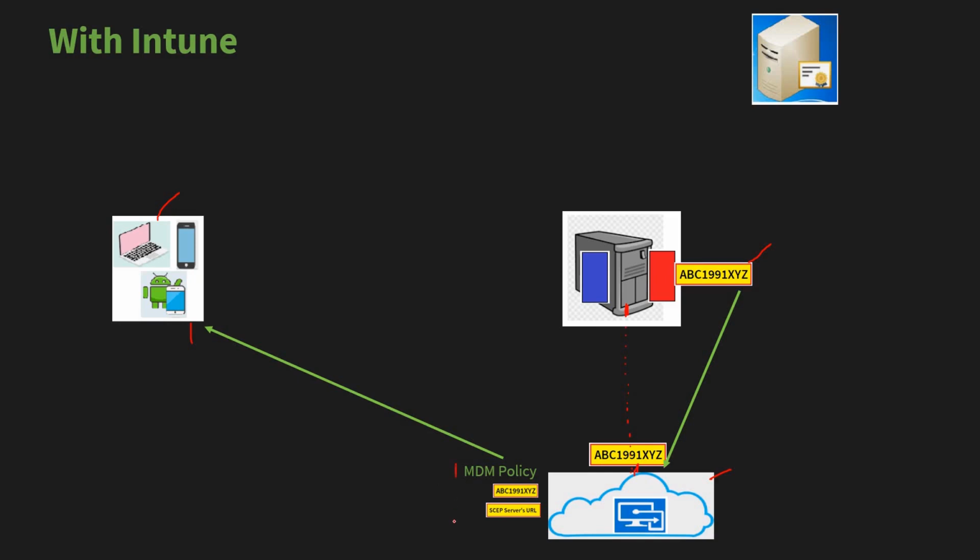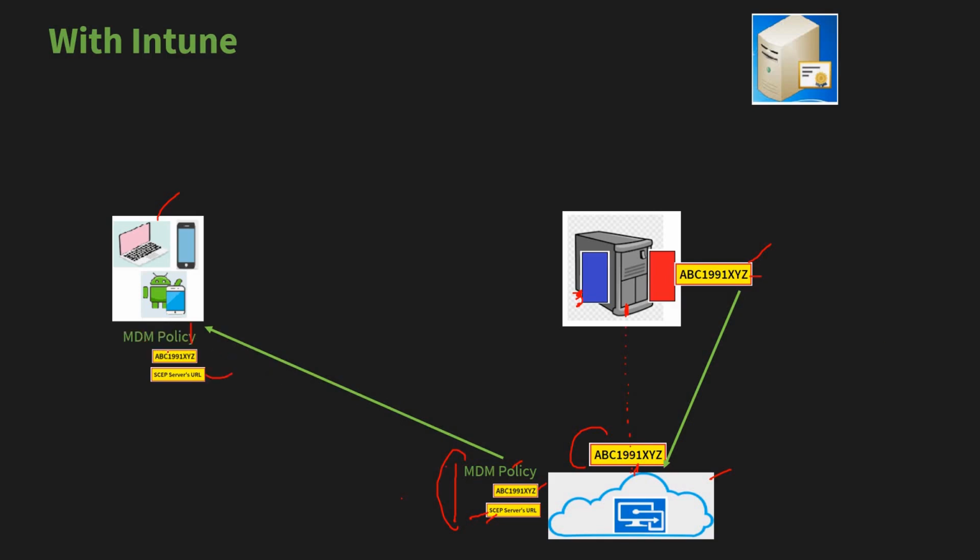What is that MDM policy going to contain? The MDM policy contains everything that was in the SCEP profile created by the admin, which contains the SCEP server's URL, the URL of the blue endpoint, and it also contains the OTP.